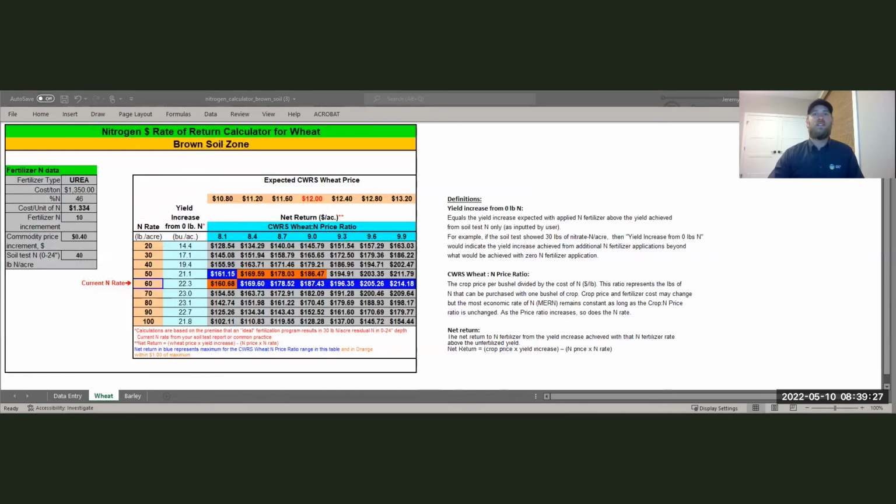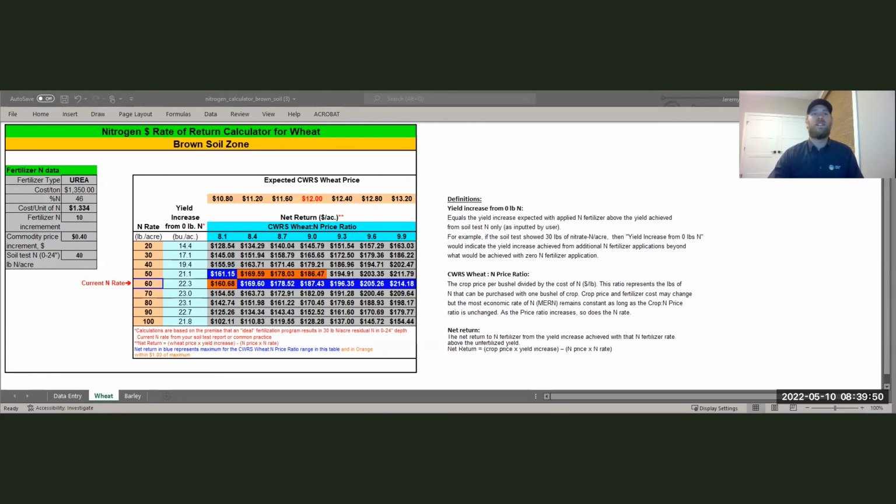This calculation is done with the formula net return equals crop price times yield increase minus end price times end rate. Cells highlighted in blue represent the maximum net returns. Cells highlighted in orange are within $1 of these blue cells.